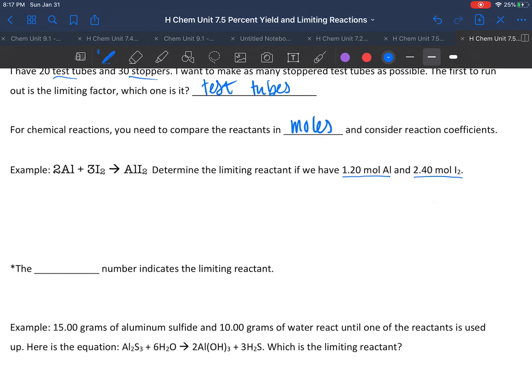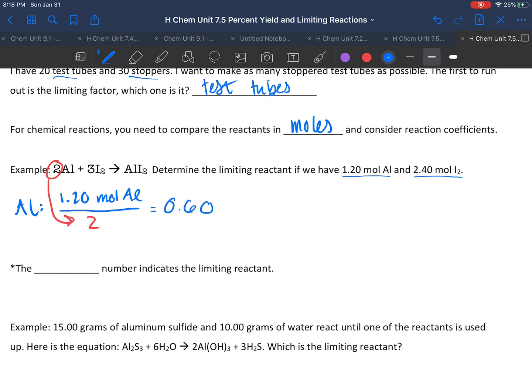All we have to do here is, for each, I'm going to start with aluminum. You're going to figure out the moles of aluminum, which we were given already, and you just have to divide by its coefficient. In this case, from the equation, it's just 2, and we get a value of 0.60. Then, for iodine, we have 2.40 moles.